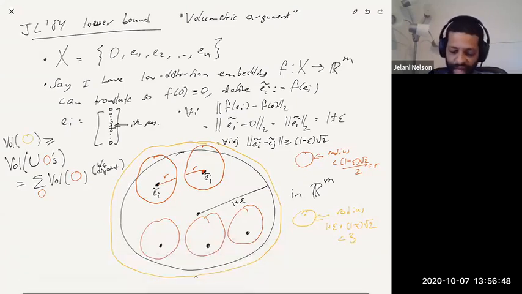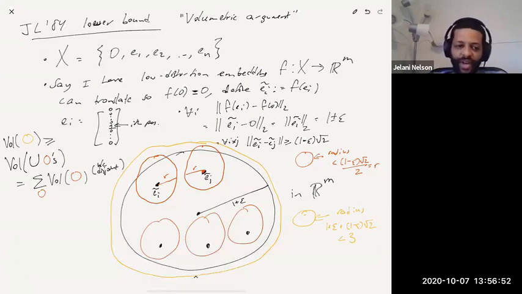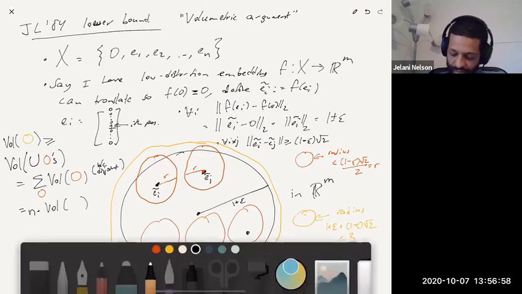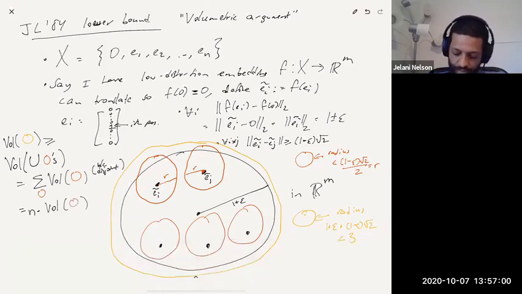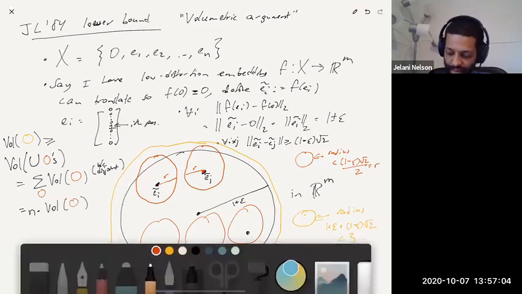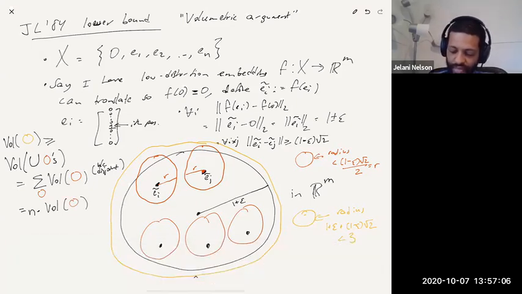And also I know that all these red balls are the same, right? They all have the same radius, so they all have the same volume. So this is just equal to n times the volume of a red ball. And let me say, those red balls have radius r, and this yellow ball has some radius r prime.